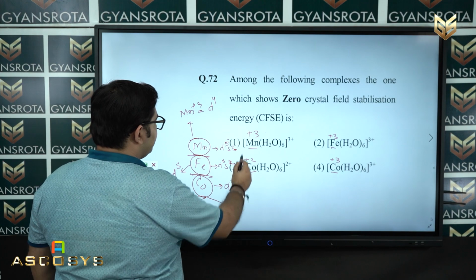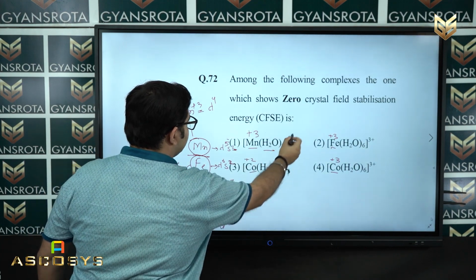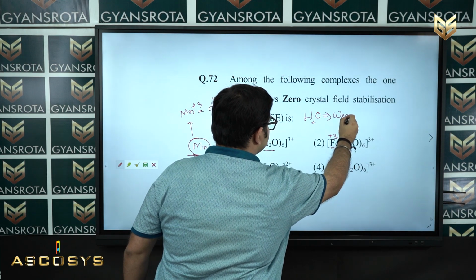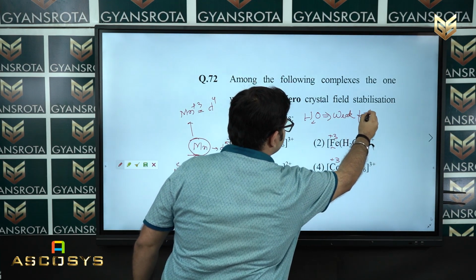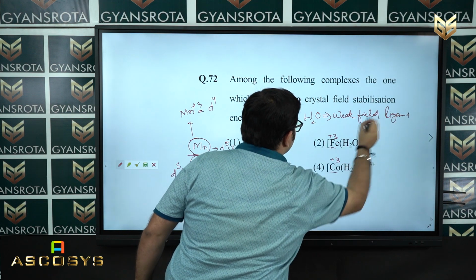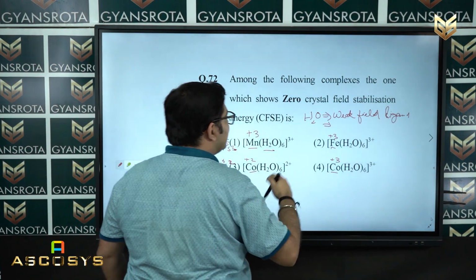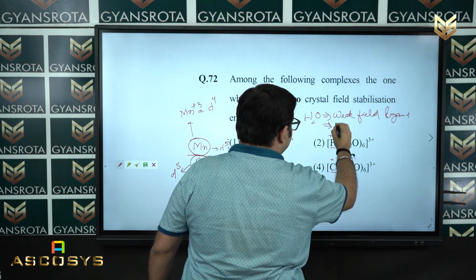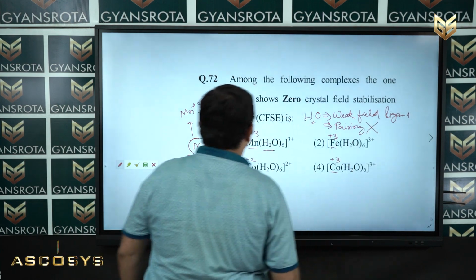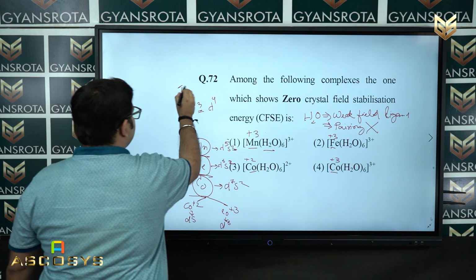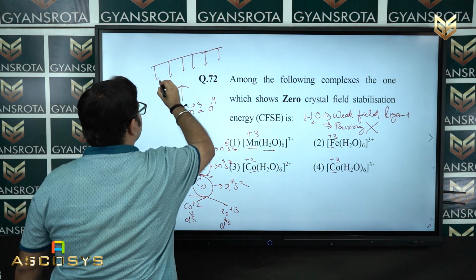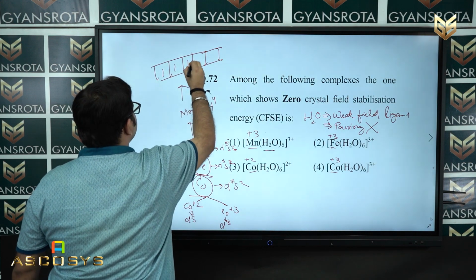Now if you see in this case, this water is your weak field ligand. And when a weak field ligand is there, the splitting will be less. So as a result, pairing does not happen. So now for this Mn+3 it will be d4, so 4 electrons should be there, 1, 2, 3, 4.